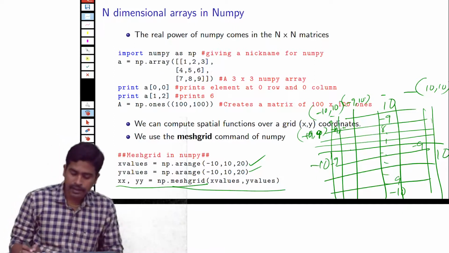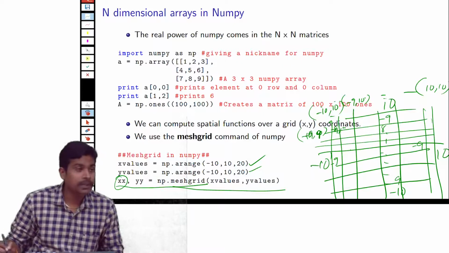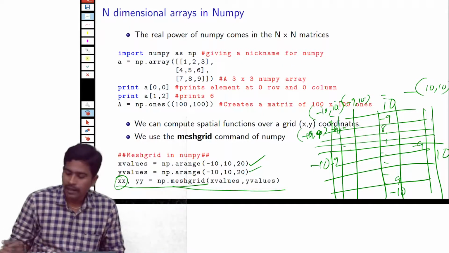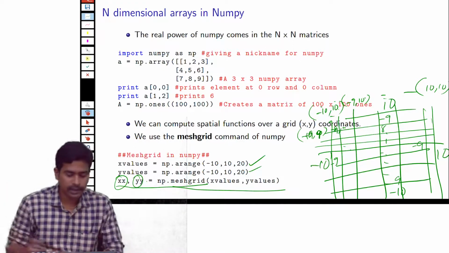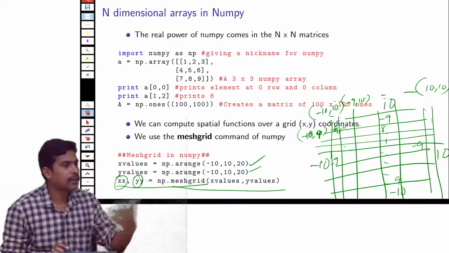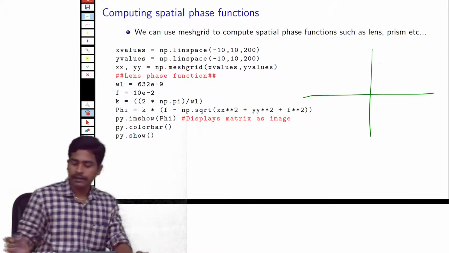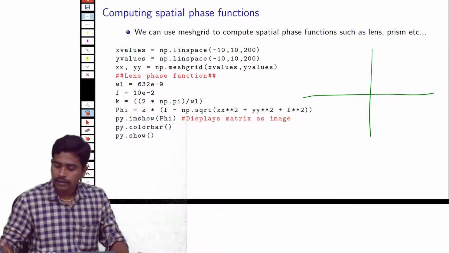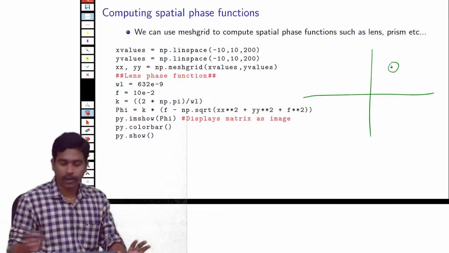So what the mesh grid command does is take all the x coordinates from these points and store them in xx, and take all the y coordinates and store them in yy. For example, if you want to calculate the lens function, you can convert xx and yy into radial coordinates.